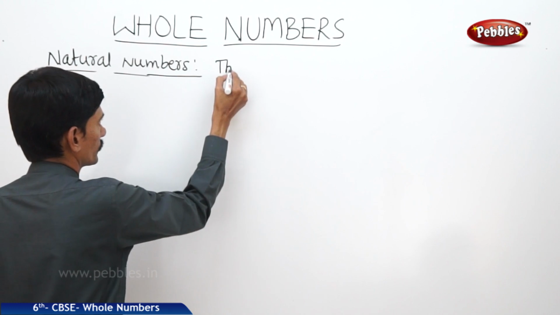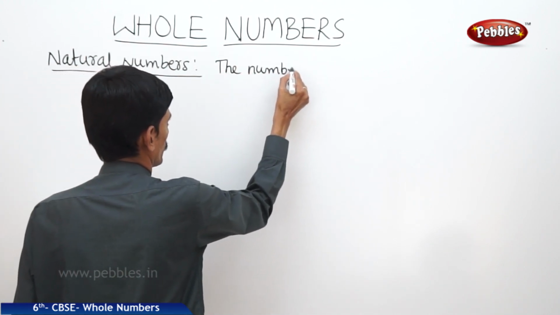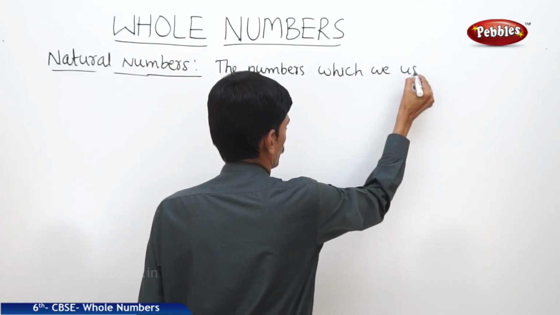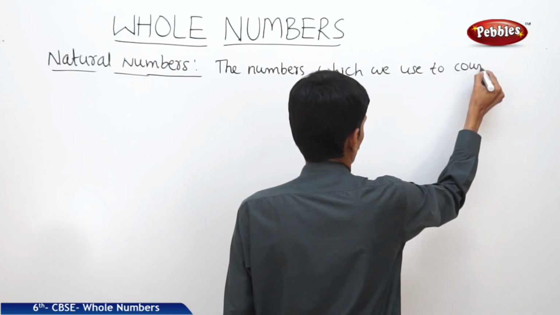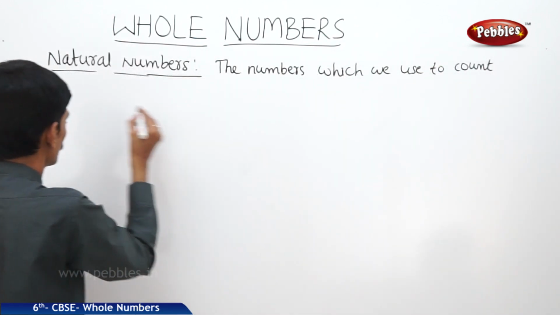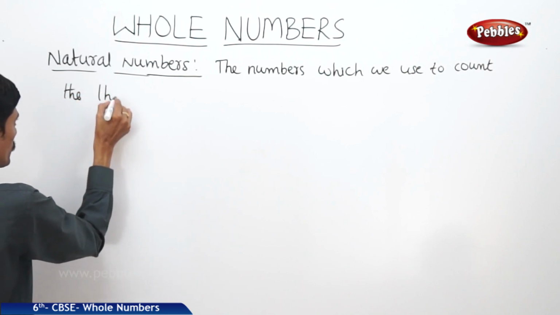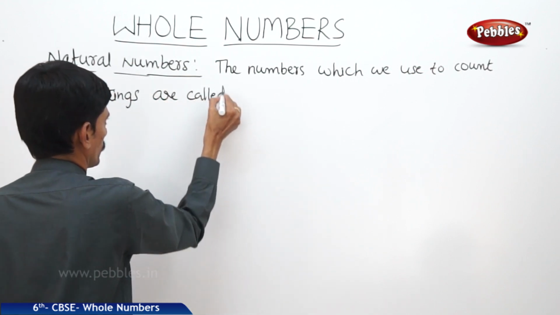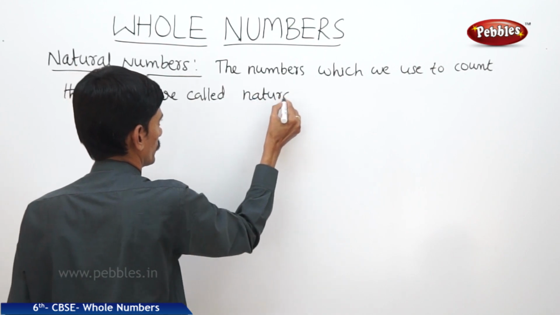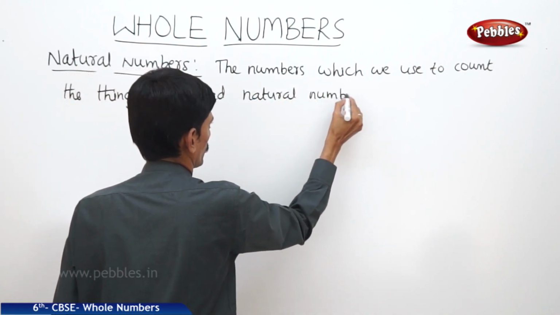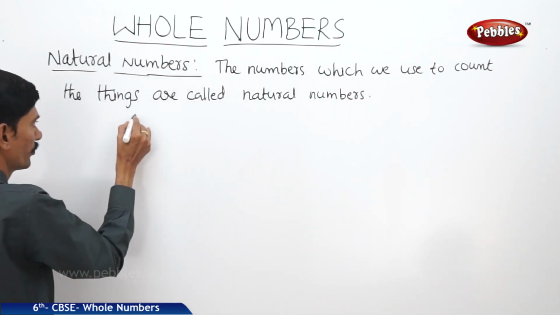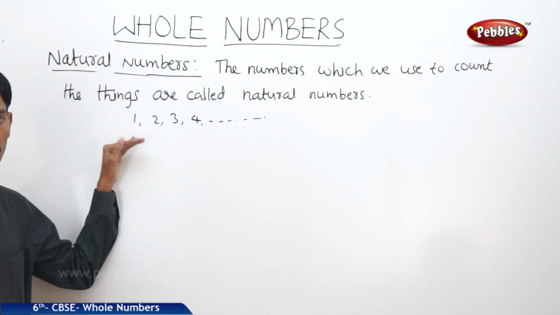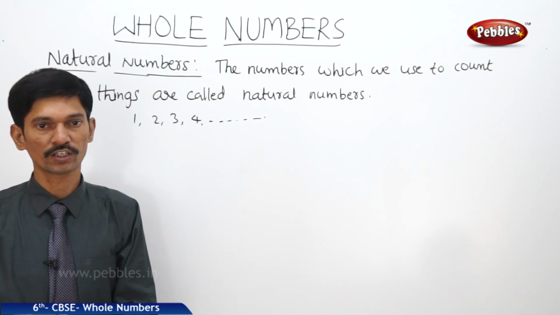The numbers which we use to count the things are called natural numbers. So the natural numbers are 1, 2, 3, 4 and so on. So the smallest natural number is 1, but there is no largest natural number.